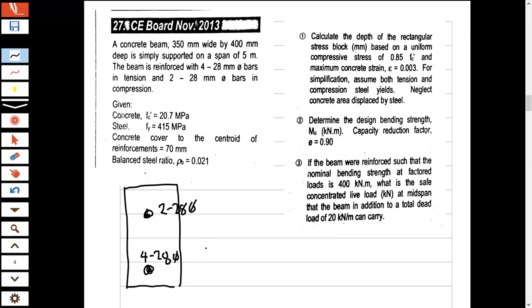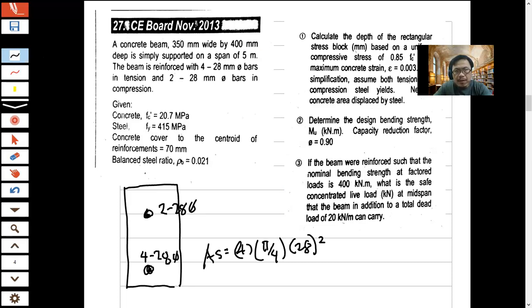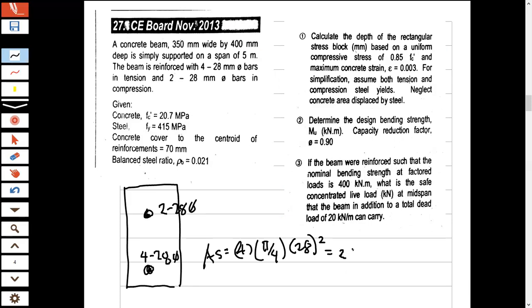So, this is AS. Alam natin na AS is equal to, given na 4 pieces of pi over 4 times 28 squared. So this is equal to 2463 square millimeter.